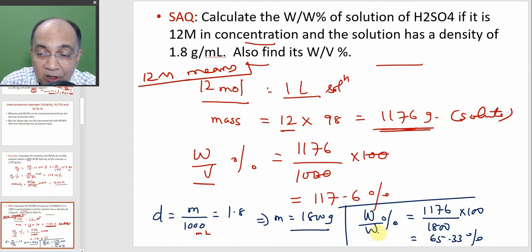So W by W percent is the mass of the solute, 1176, because in 1 liter solution 12 moles are present, which means 1176 gram, divided by the mass of the entire solution of 1000 ml, which is 1800 grams, into 100. So W by W percent is 65.33.